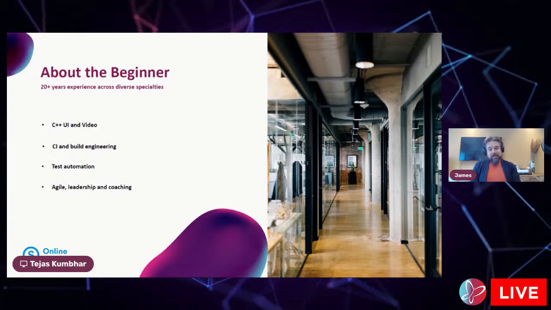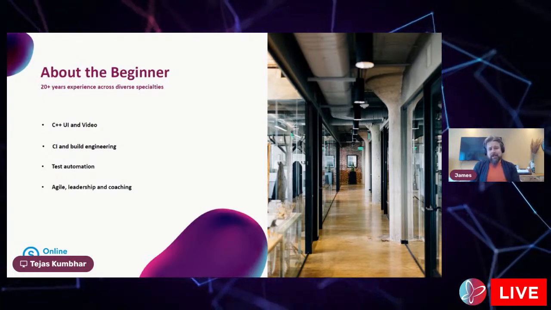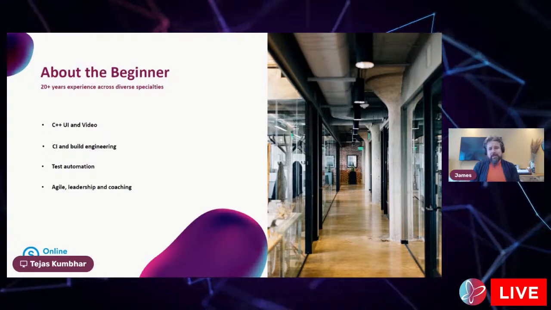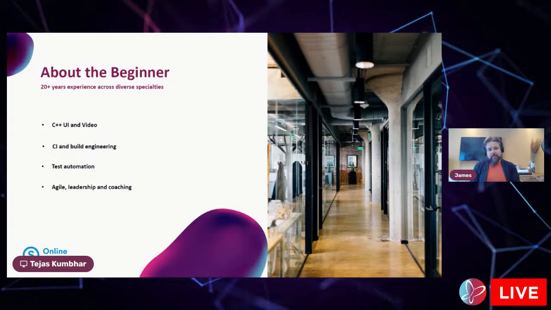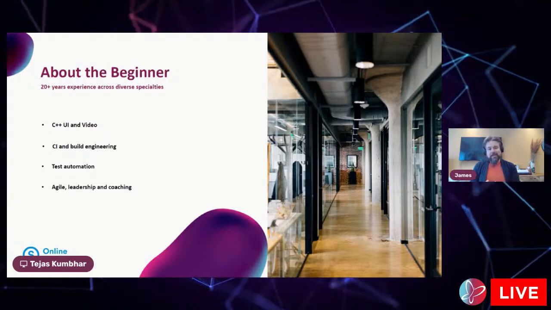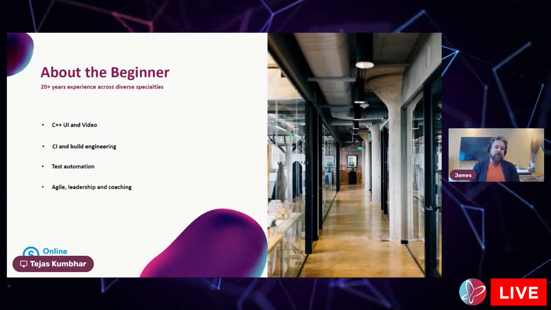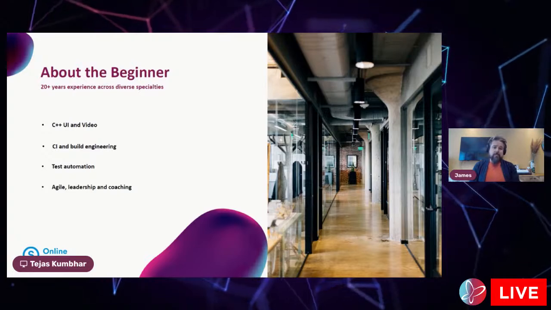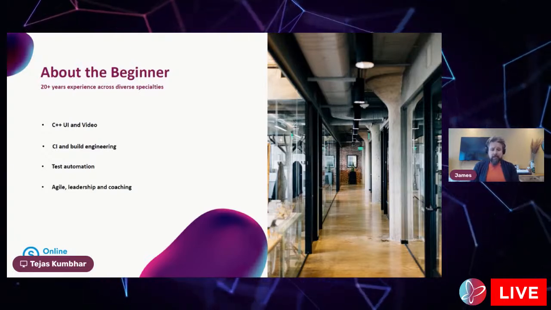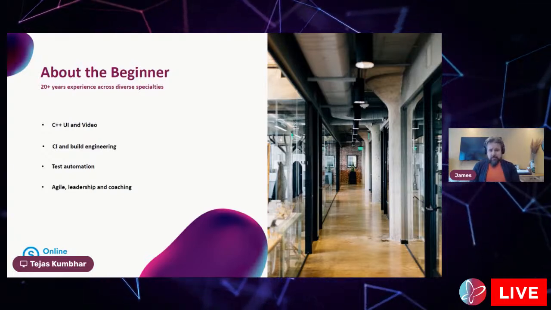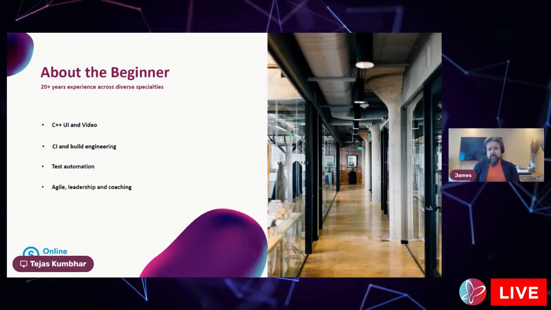As mentioned earlier, I've been in the industry for quite a while now, 20 years. During that time, I've really made a career of beginning things. I began doing C++, user interface and video. I did a lot of architecture in that situation.